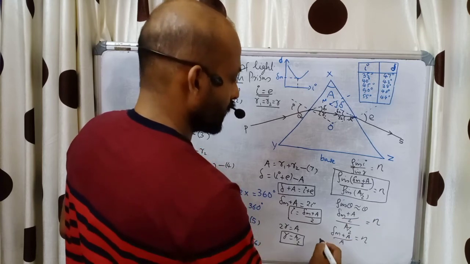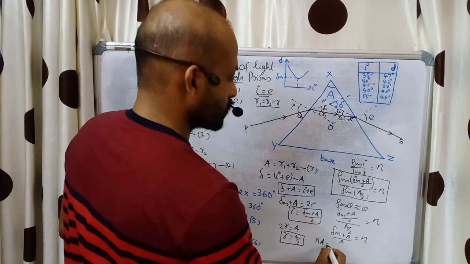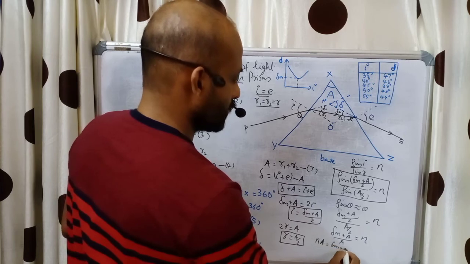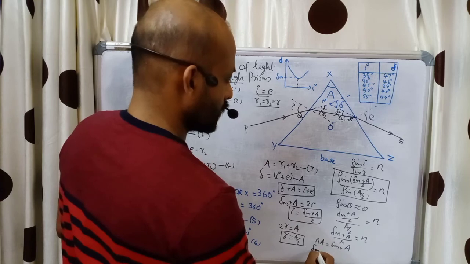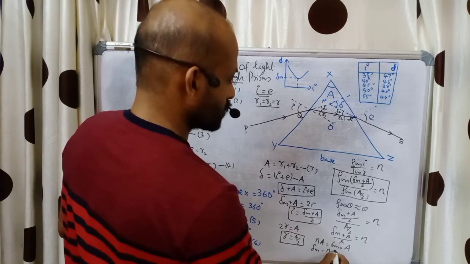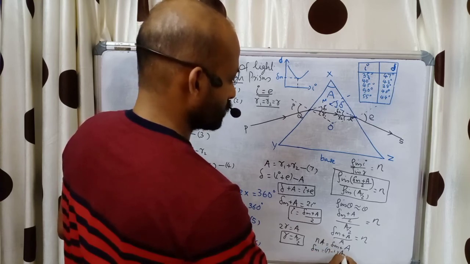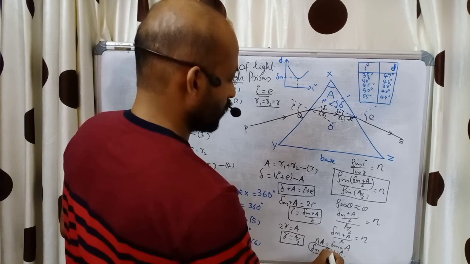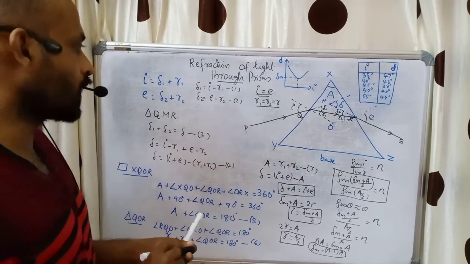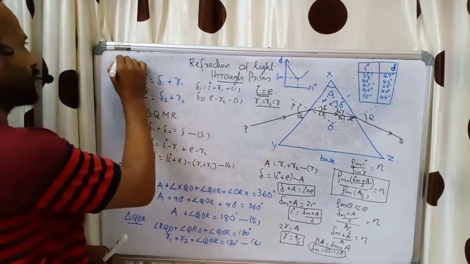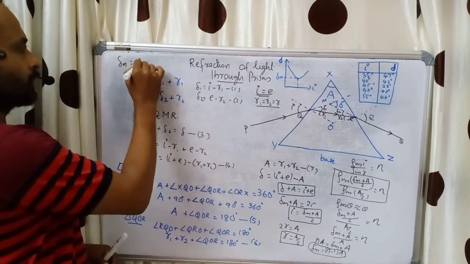Or rearranging, you will get nA equals delta m plus A. Or delta m is equal to (n minus 1) into A. This is the angular deviation for a small angled prism. So for a small angled prism, the angular deviation delta m is equal to (n minus 1) into A.